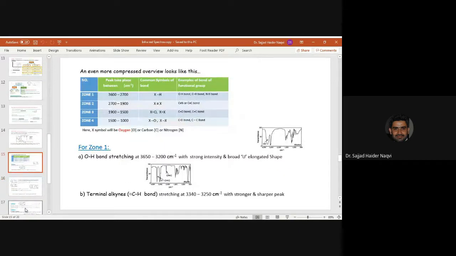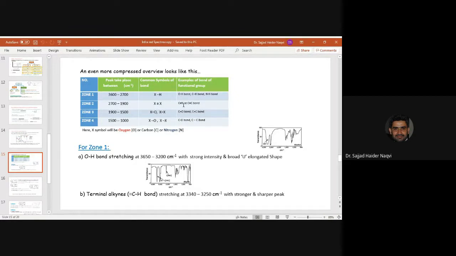Then this is some more information about different zones and the functional groups that we normally identify. Zone 1 is at this wave number. The common symbol of the bond is XH, which includes OH, CH, and NH. Then zone 2 lies in this region, and the common symbol is X triple X, meaning a triple bond.